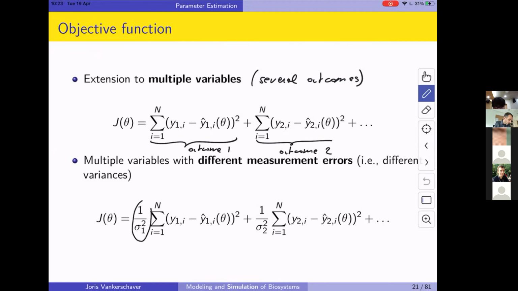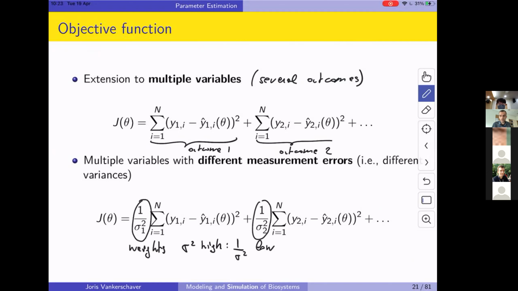You can interpret these as weights. If sigma squared is high, then 1 over sigma squared is going to be low, because 1 over a big number is a small number.